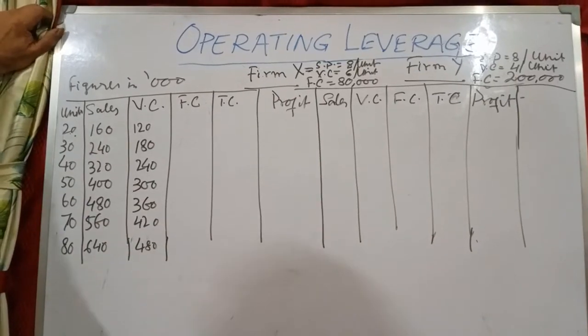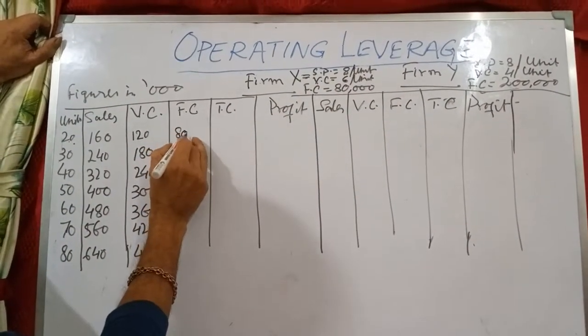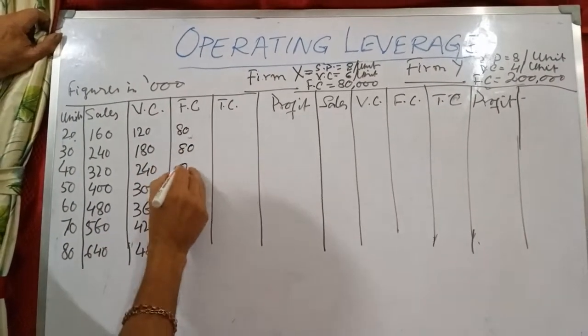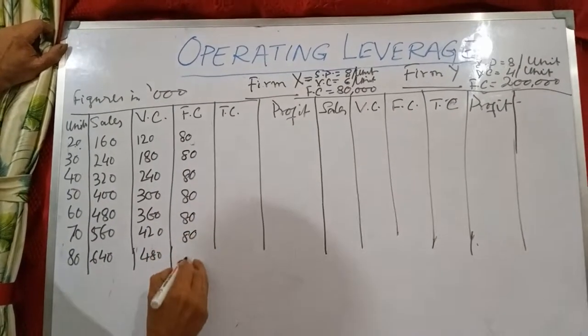What is the fixed cost? 80,000 per annum fixed. 80, 80, 80, 80, 80, 80, and 80.